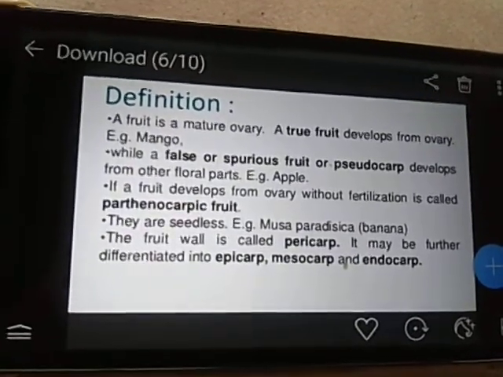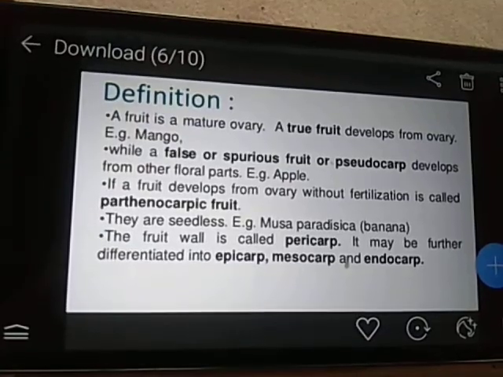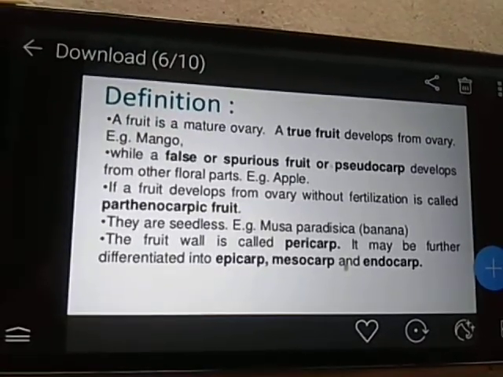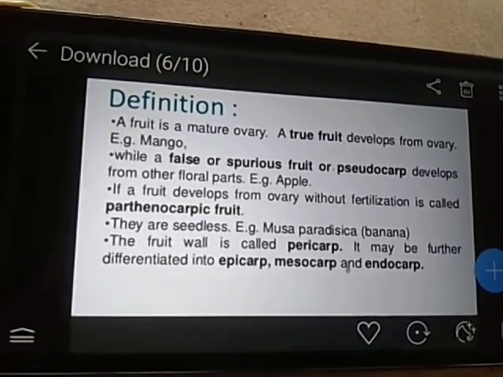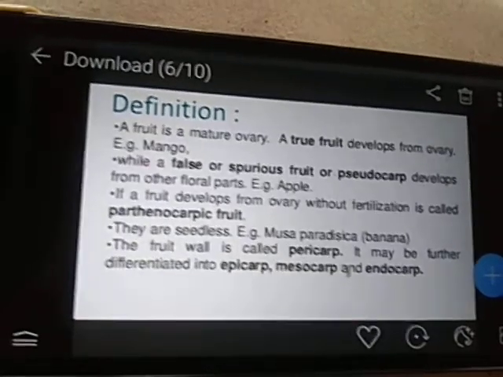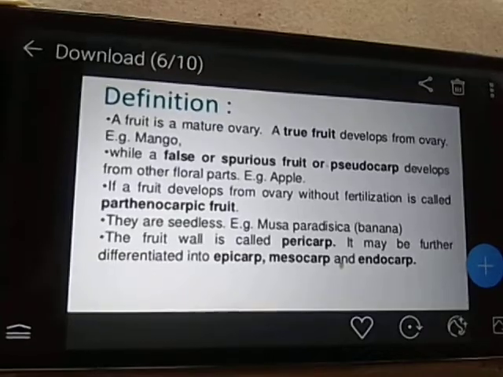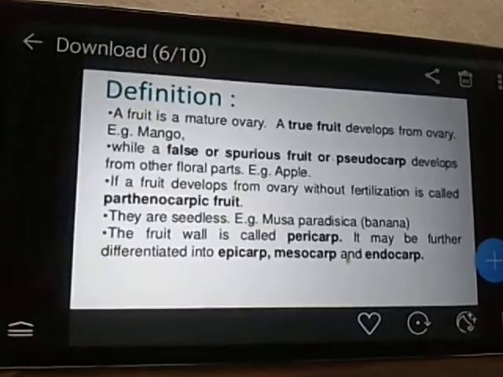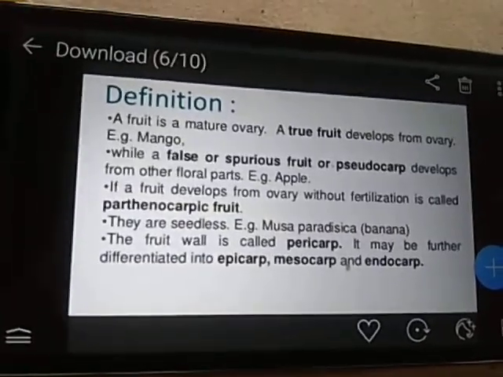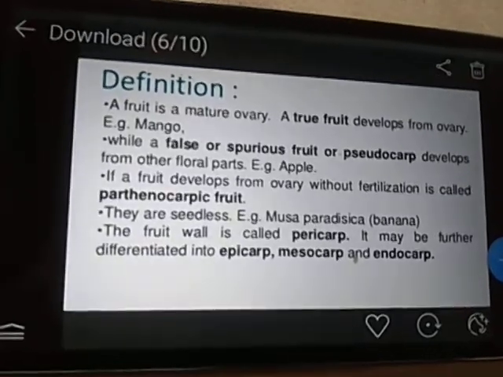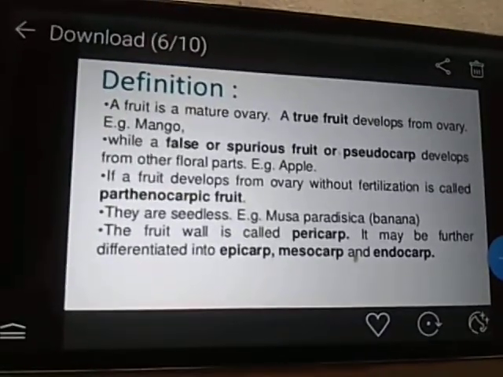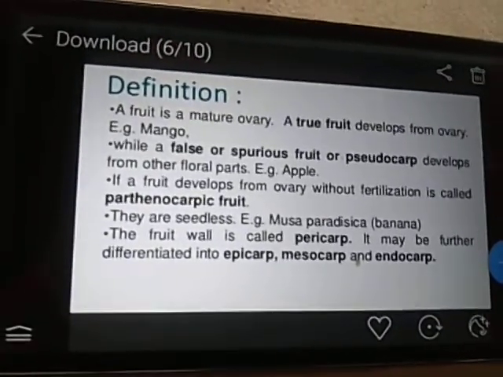See the difference. A false fruit or pseudocarp develops from floral parts other than the ovary, like apple, which develops from the thalamus, not from the ovary. So the thalamus is also included in the development of the fruit.